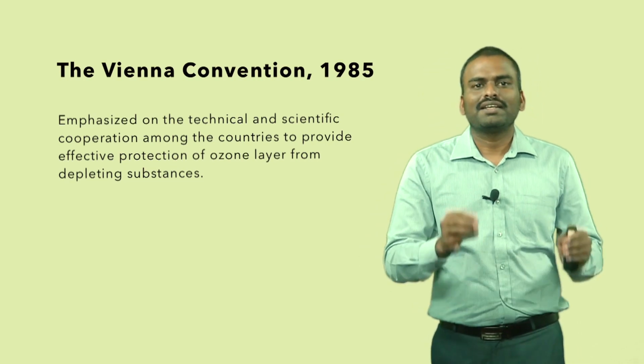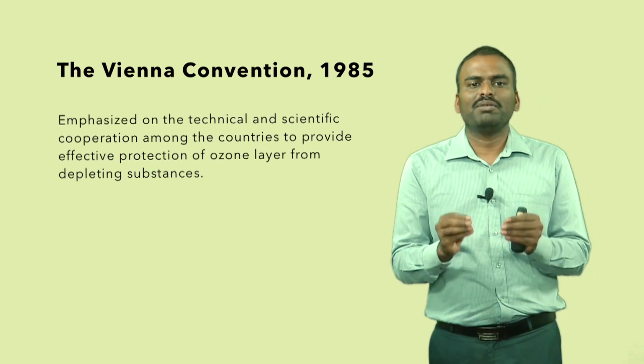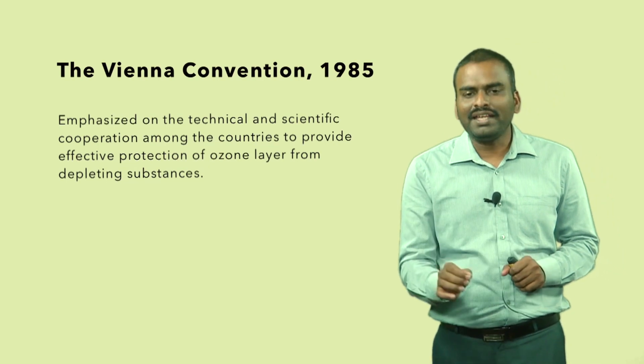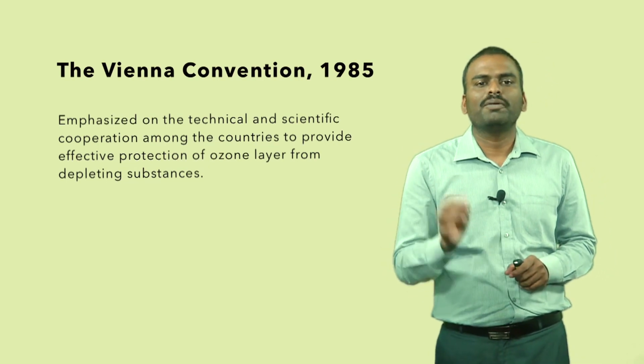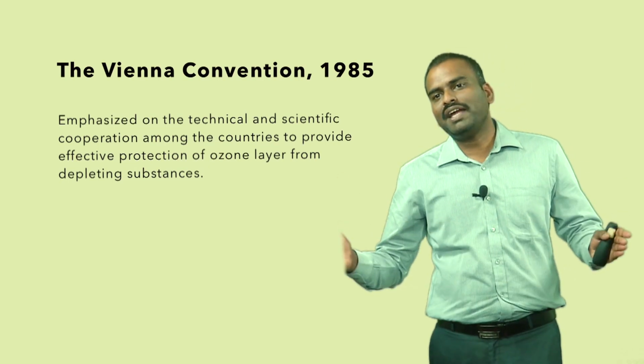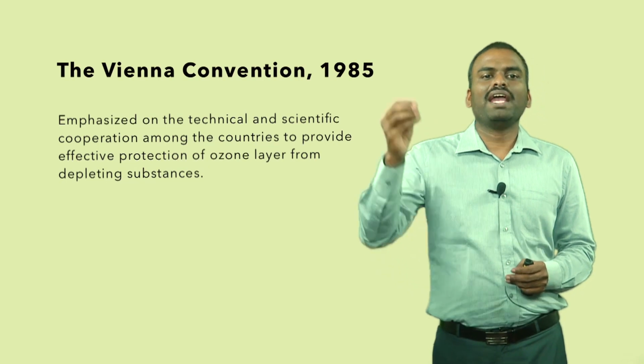So science linked with law can only address this particular problem. In this context, technical as well as scientific cooperation is very much required among the countries. If the countries are divided based on technological development, then this problem can't be addressed.